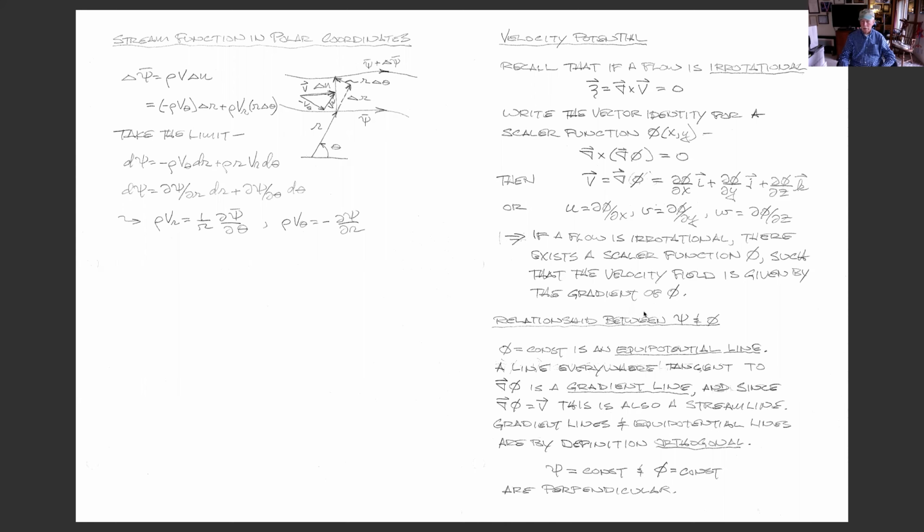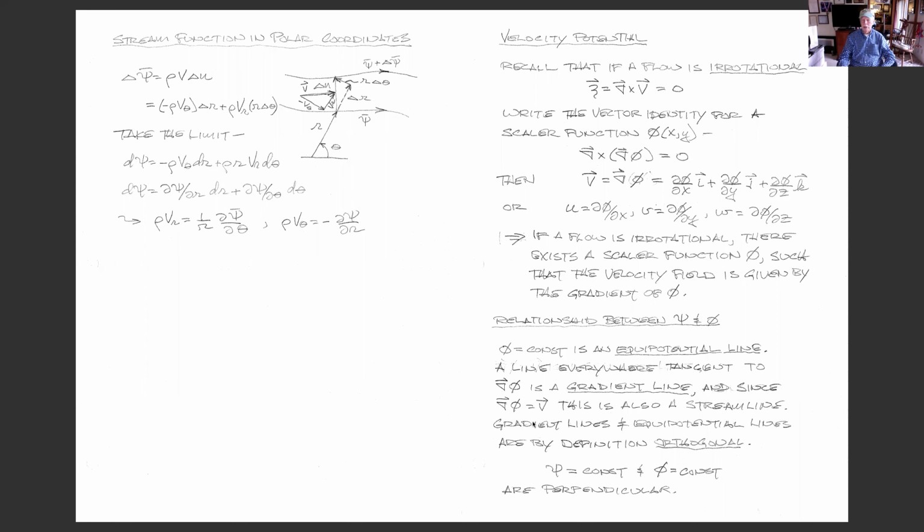So we've defined these 2 functions, stream function and the velocity potential. Stream function was derived and has a little more physical meaning, but what do we know about them? We've already talked, back when we defined gradient of a field. So looking at that, we could say phi equal constant is an equipotential line in the flow. And a line everywhere tangent to del phi is a gradient line.